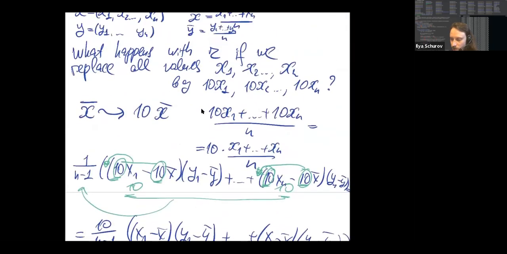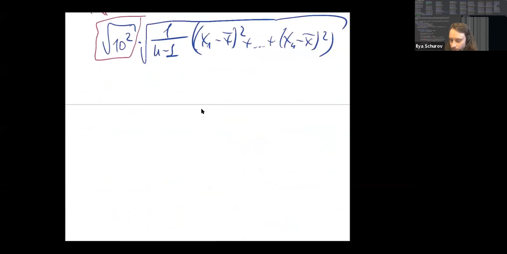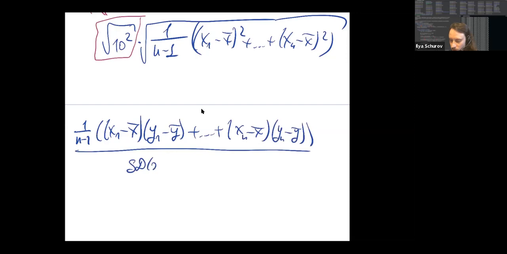So initially we have this value, and let me rewrite it here. So this is numerator, and this is denominator.